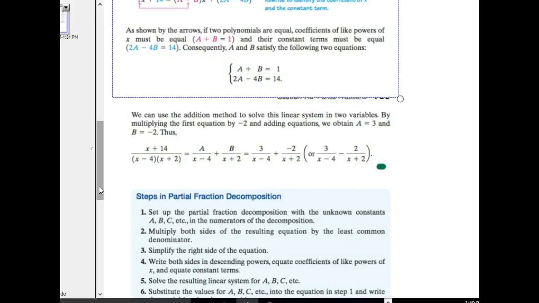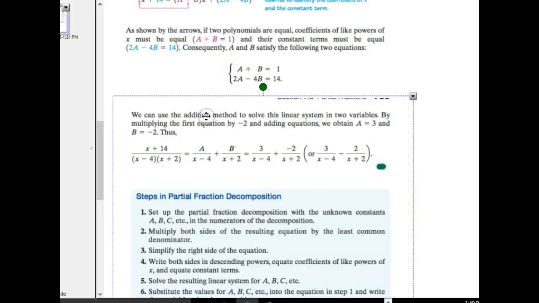That's where they've come up with the answers that they have. They found out by working systems by elimination or whatever process you want to use. They call it the addition method.